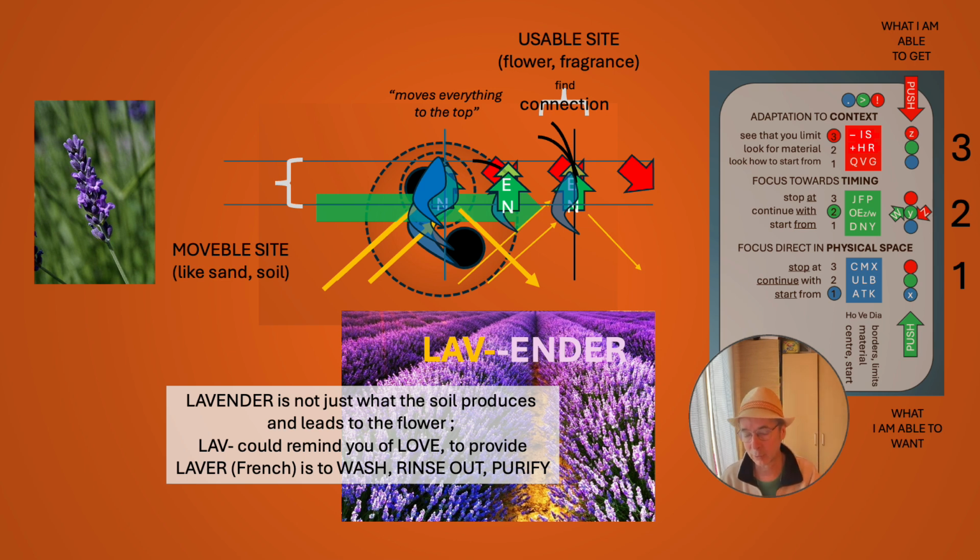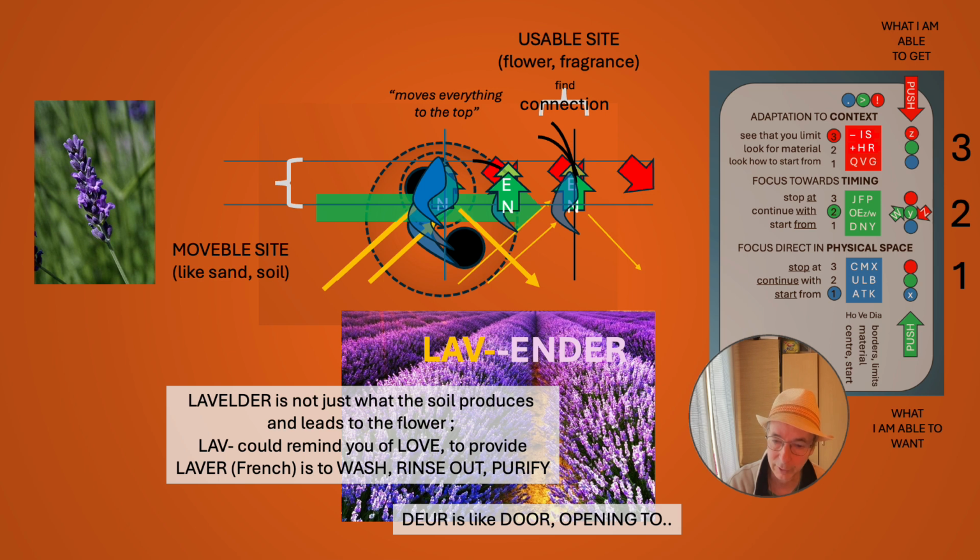Lave is also used in laver, which means to wash, to rinse out, to purify. It is what will be provided. In the same way, the lave is what moves the situation to such a degree that we have material that we can use at some point, and it will be able to be taken out in ender.